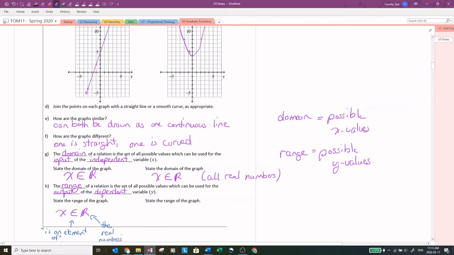And the real numbers is basically all the numbers that you know, okay? If you can write it as a number, it's a real number. There are things that are not real numbers, but you don't know them yet, so don't worry about it.